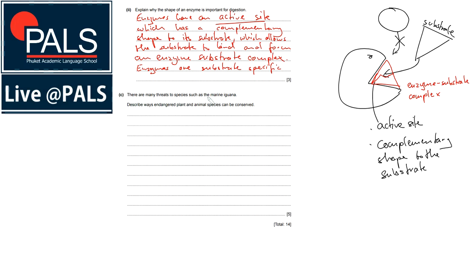There are many threats to species, such as the marine iguana. Describe ways endangered plant and animal species can be conserved. This is a 5-point question. I think this is quite a generic question. We can write quite a lot of things here.